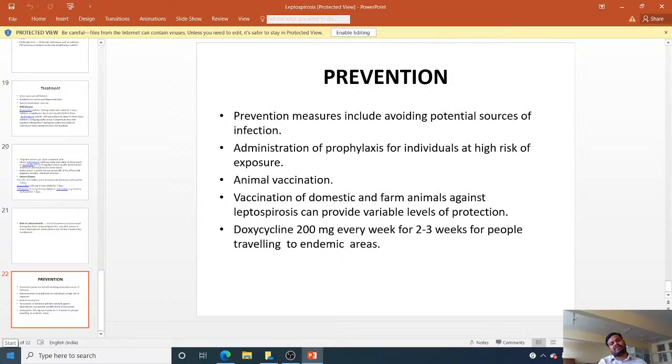Animal vaccination of domestic and farm animals is also one of the preventive measures we take in leptospirosis. So we have come to the end of our disease, treatment, and prevention.